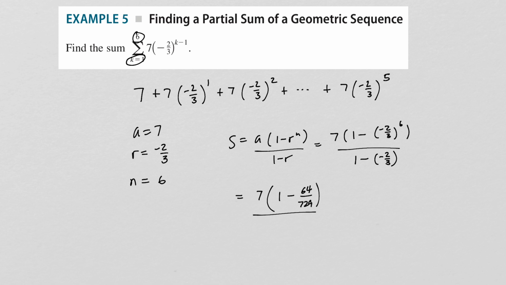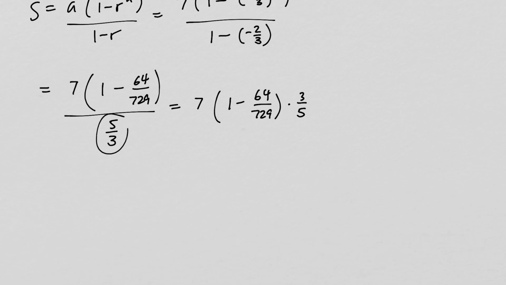And then in the bottom here, you have 5/3, right? Because that's just 1 plus 2/3. So this is equal to 7 times 1 minus 64 over 729 multiplied by 3 over 5. So I'm just multiplying by the reciprocal here. And this is equal to 7 times, so a couple different ways to do this.